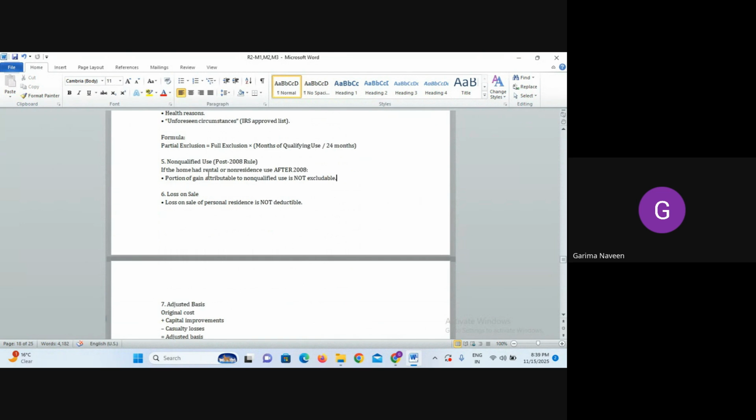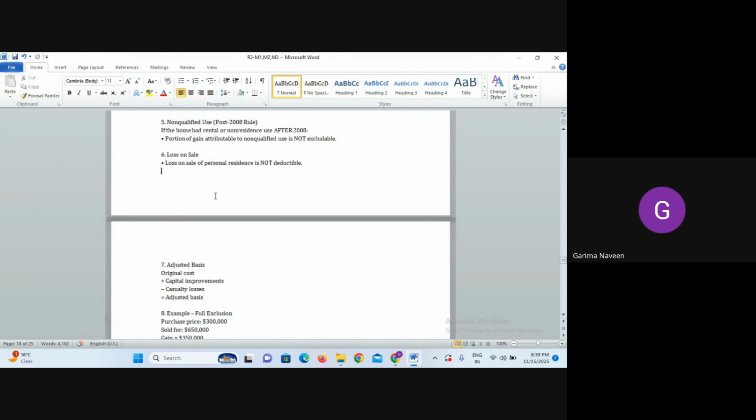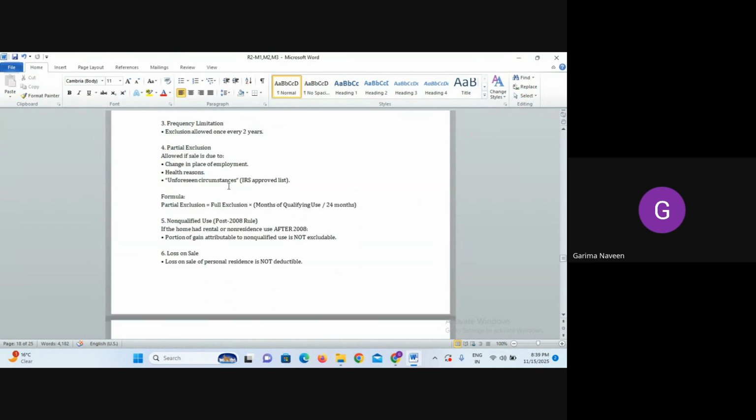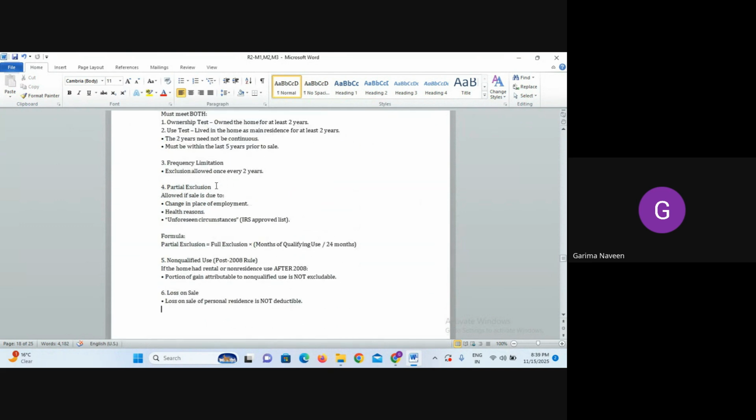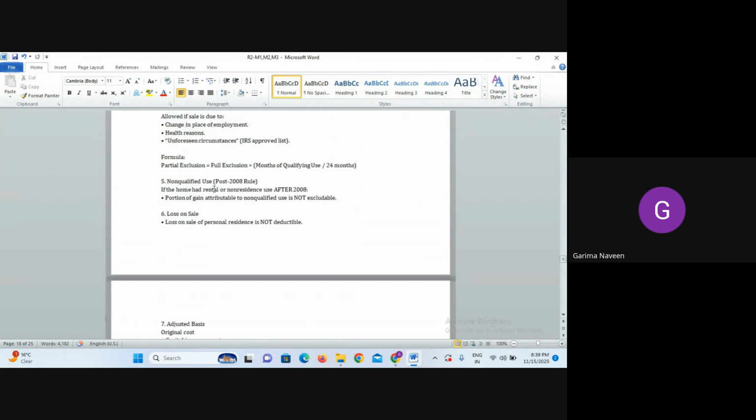Non-qualified use: if the home had rental or non-residence use after 2008, then the portion of gain attributable to non-qualified use is not excludable. If you are using the property for non-qualified purposes, then the exclusion is sometimes partially allowed.